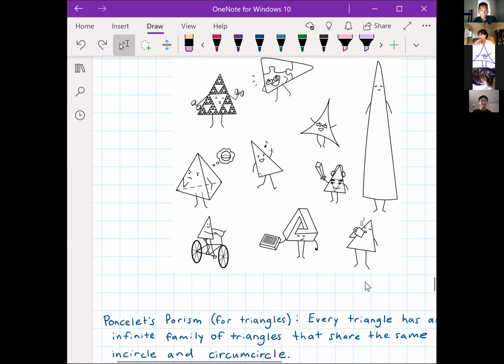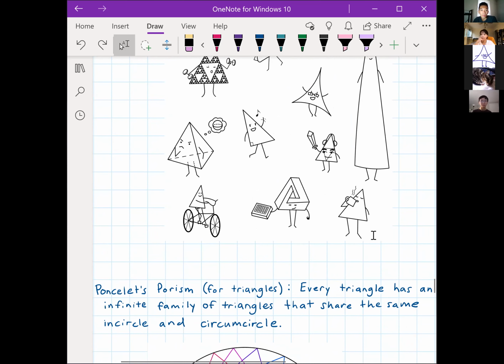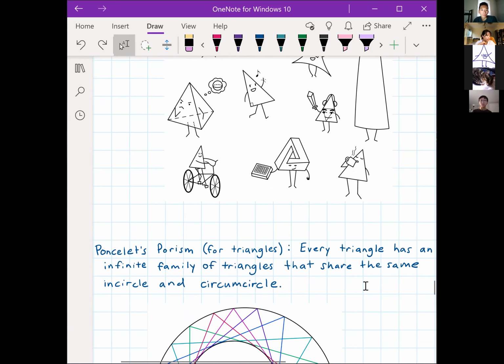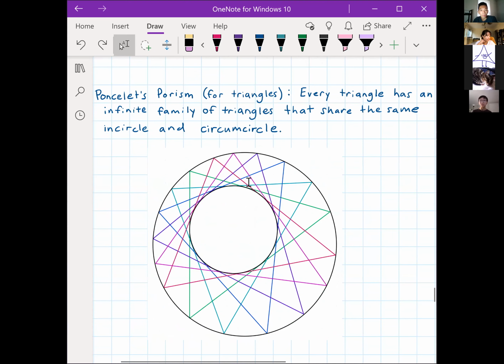But anyway, the theorem statement that he provided us looks sort of like this. It said, every triangle has an infinite family of triangles that share the same incircle and circumcircle. So we saw this statement, and he probably drew a picture that looks sort of like this.